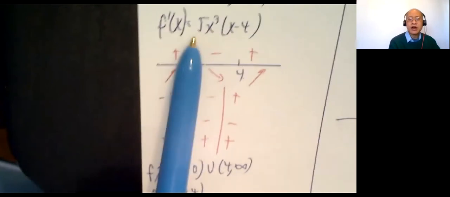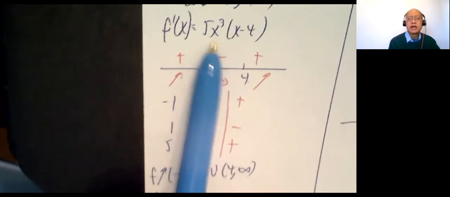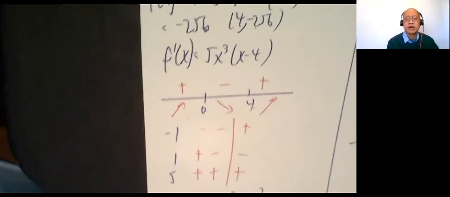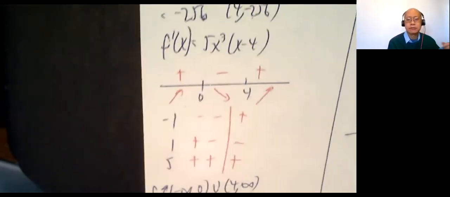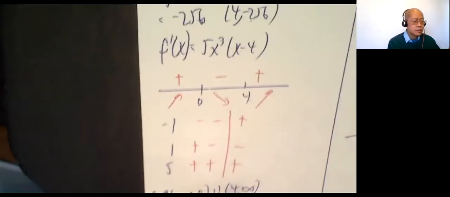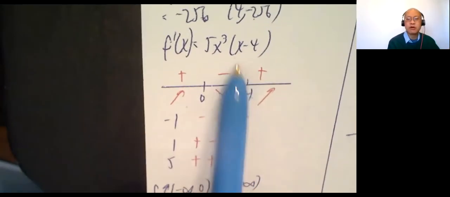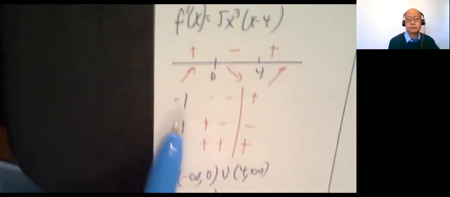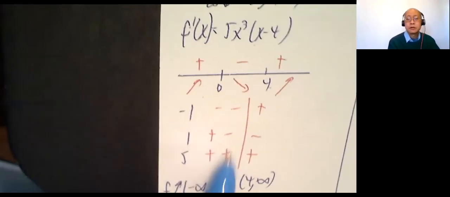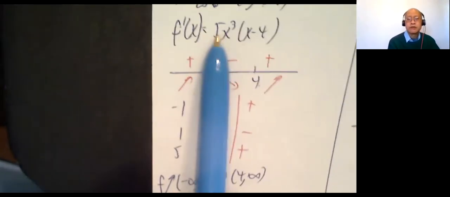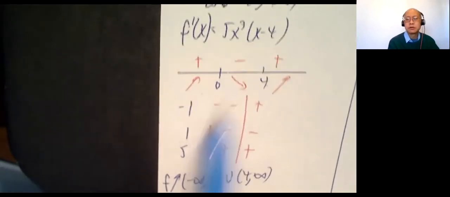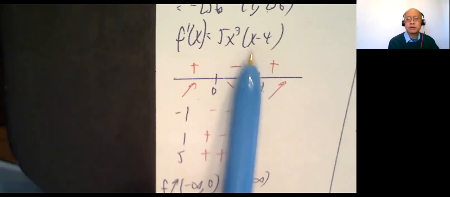Plug in 5 times negative 1 cubed. Negative 1 cubed, negative 1 times negative 1 times negative 1 is negative 1, times 5, it's negative. Negative 1 minus 4, negative. Negative times negative, positive. Plug in 1. 5 times 1 cubed, positive. 1 minus 4 is negative.